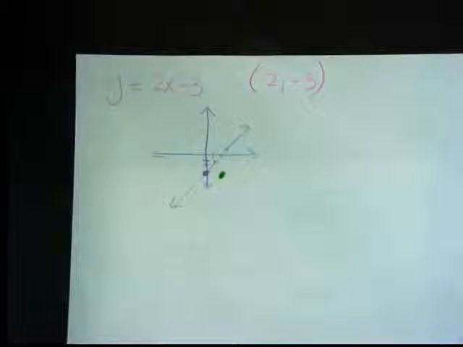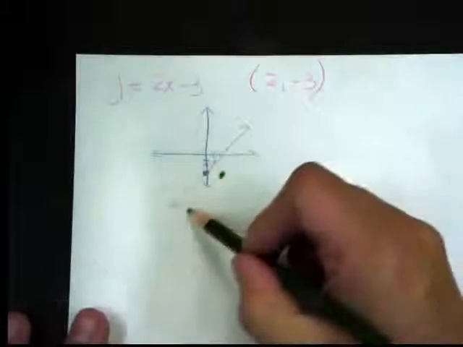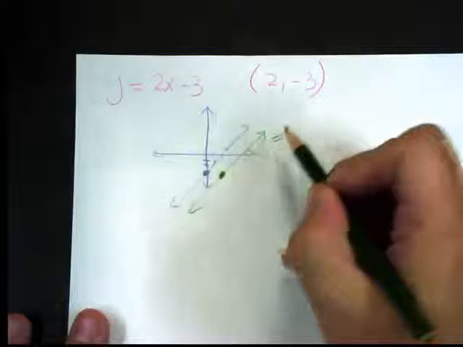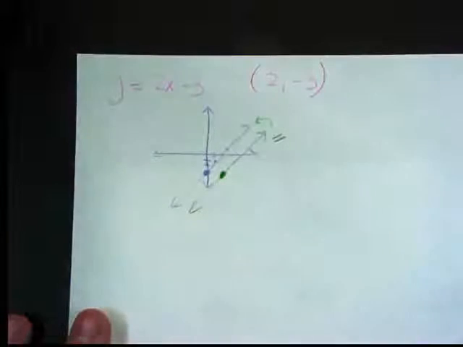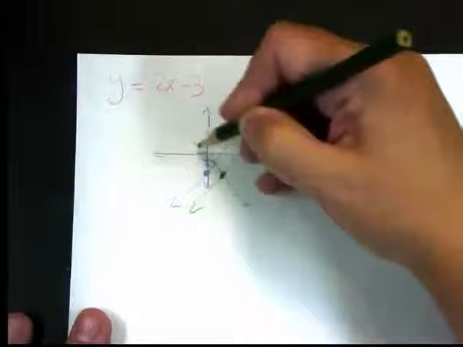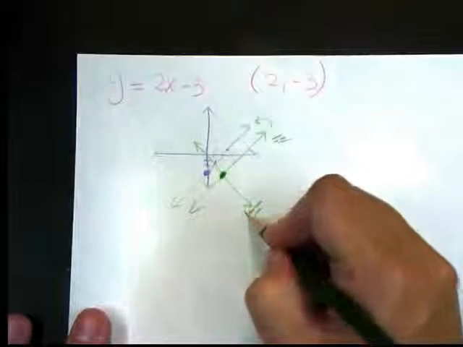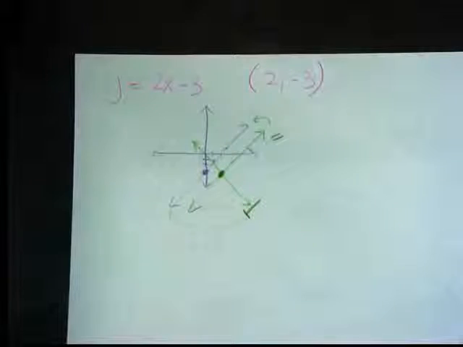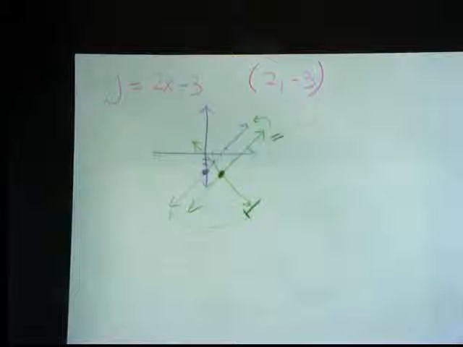Now we want the equation that is parallel to my original, and we want the equation that is perpendicular to the original. So pictorially, that's what it looks like. And remember the other day when I said you need to understand things in multiple ways.